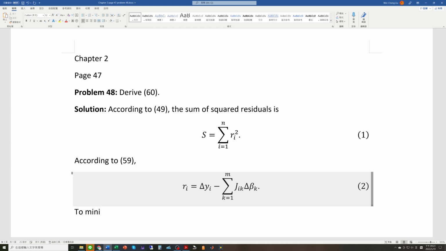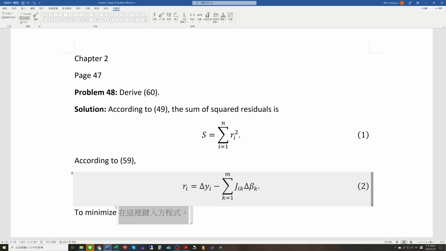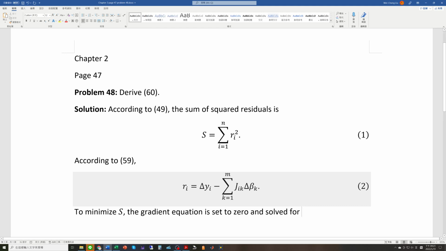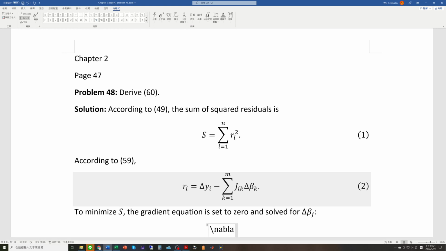To minimize S, the gradient equation is set to 0 and solved for delta beta J. So it means that the gradient of S is equal to a 0 vector.